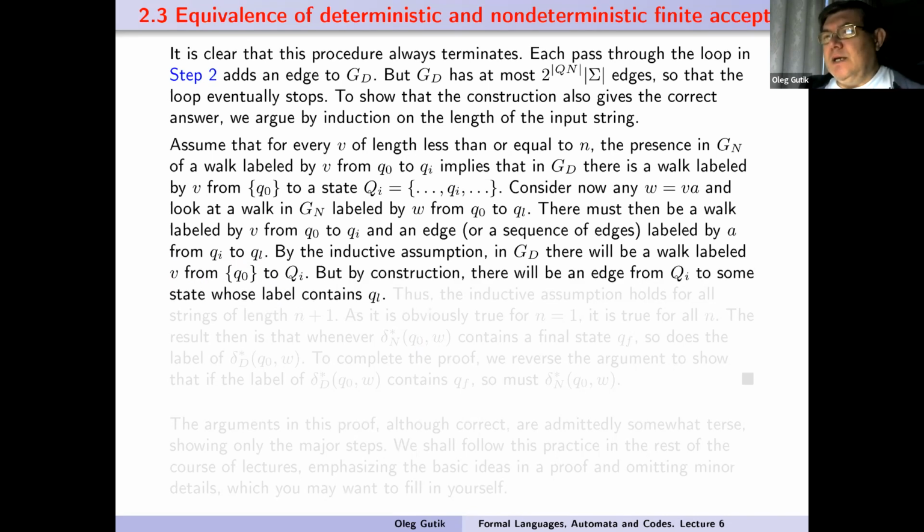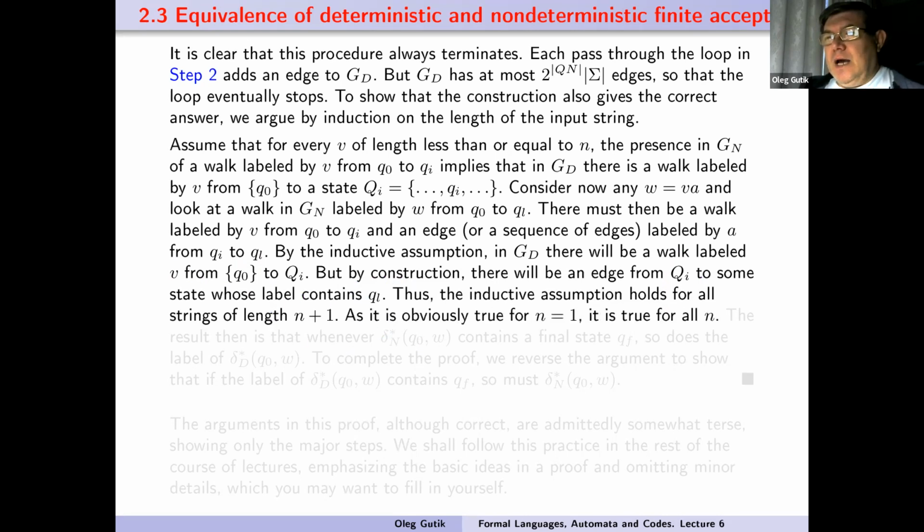By construction, there will be an edge from the state Qi to some state whose label contains Ql. Thus, the inductive assumption holds for all strings of length n plus 1. As it is obviously true for n equal to 1, it is true for all n.